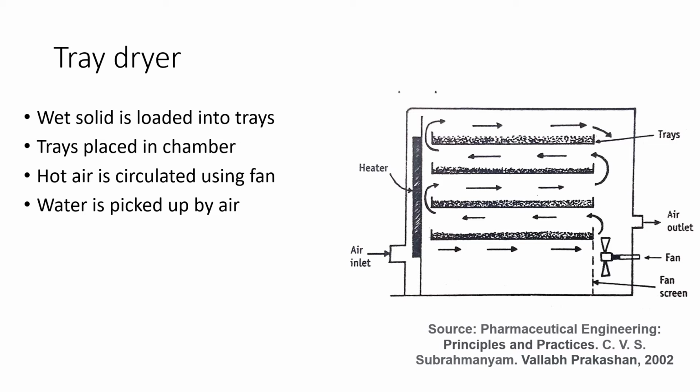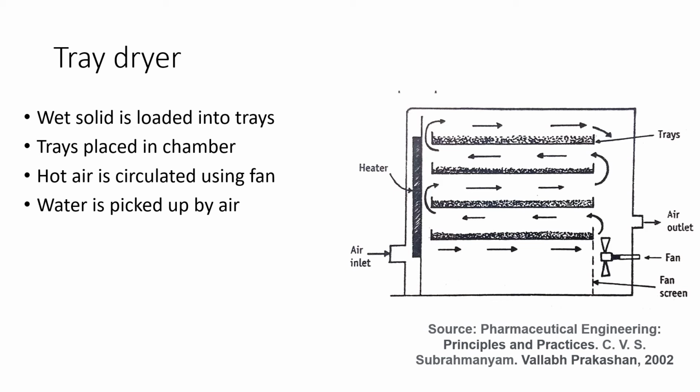If we see the working, the wet solid which is to be dried is fed inside the trays. The trays are then placed inside the rectangular chamber. The air which is getting circulated inside will be heated by the heated chamber. The hot air will pass through the material, and during circulation there will be exchange of heat between this hot air and the moisture which is present in the material to be dried.